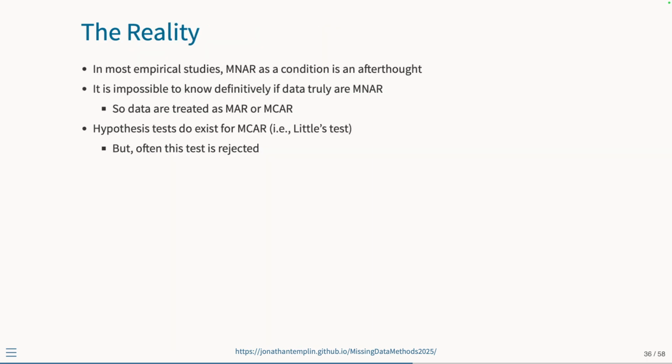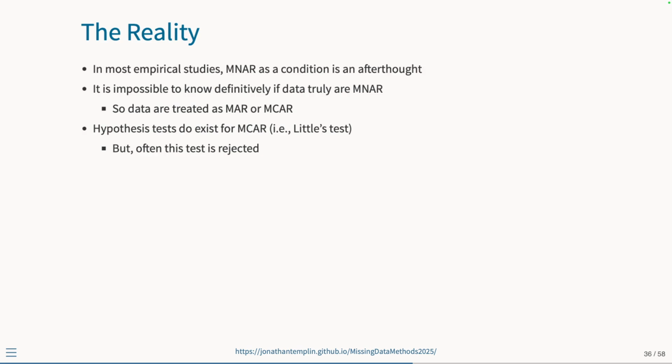The reality is, for most empirical studies, missing not at random is not even considered as a plausible outcome, right? You pull up data analyses in empirical journals from many different fields; I'm familiar with more of the social science and educational fields. If you see anything about missing data, it's usually imputation or maximum likelihood, nothing else, right?